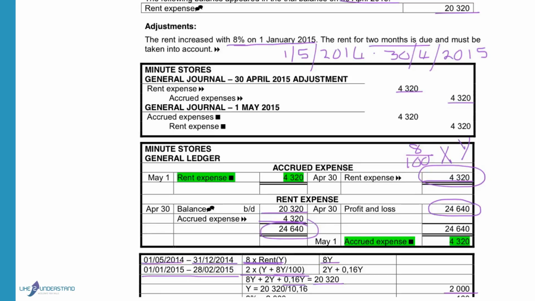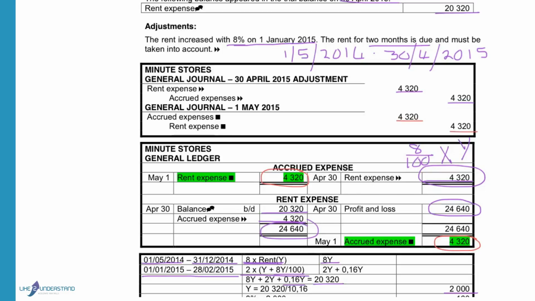Because accrued expense is on the credit side, if I want to remove it out of this liability account, I have to debit accrued expense on the first day and then credit rent expense with 4,320. In the general journal, accrued expense is debited and rent expense is credited.